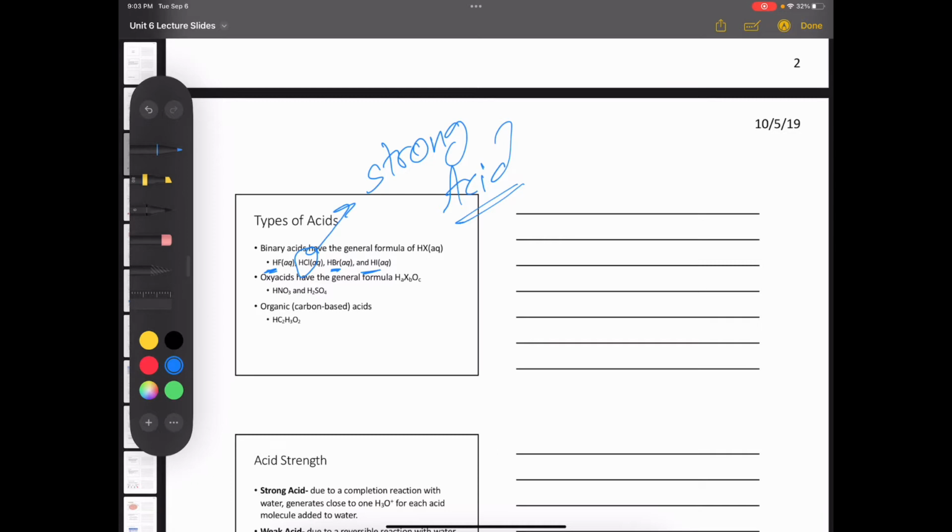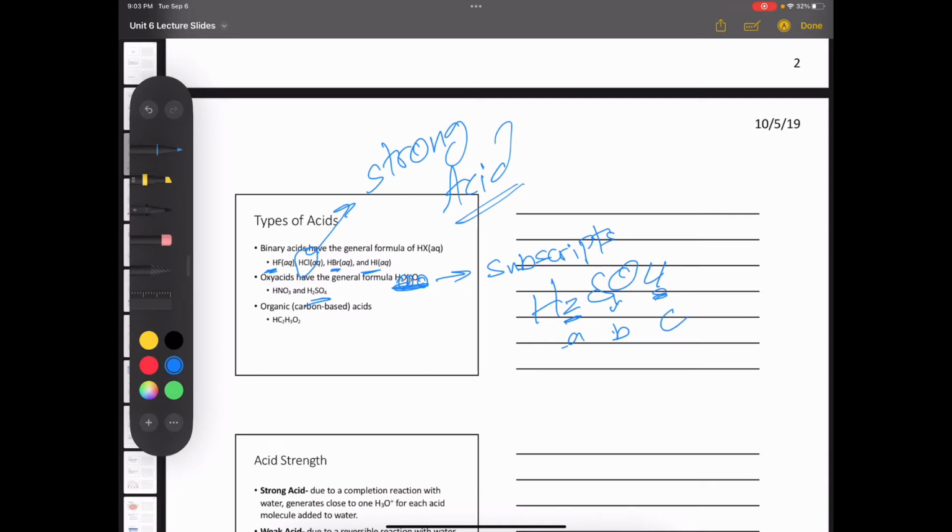The next type of acids that we have here is the oxyacids, which have the general formula HaXbOc. Now, a, b, and c are subscripts, which means those are numbers. So if you look at something like H2SO4, this is a, this is b, and this is c.